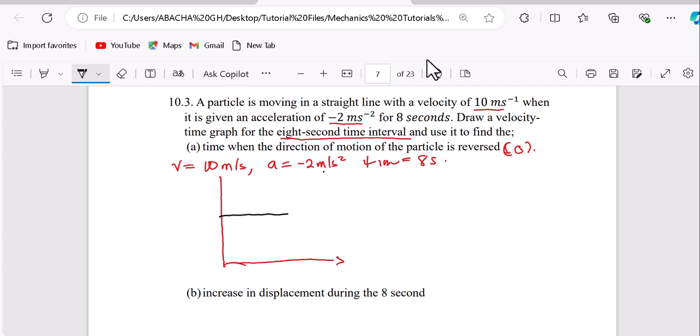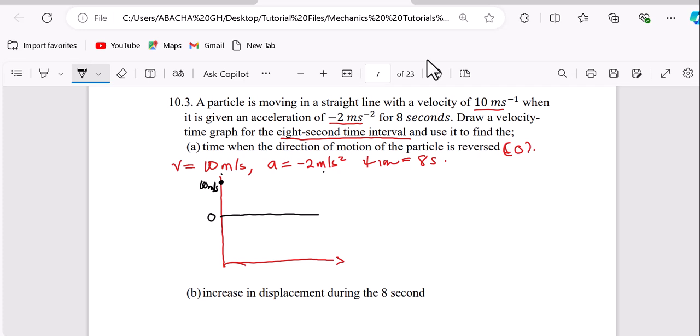This will be our 0 line this time around, and let's assume that we started here, with our velocity of 10 meters per second, and so here is 0.